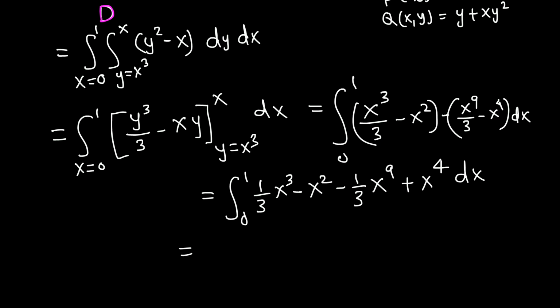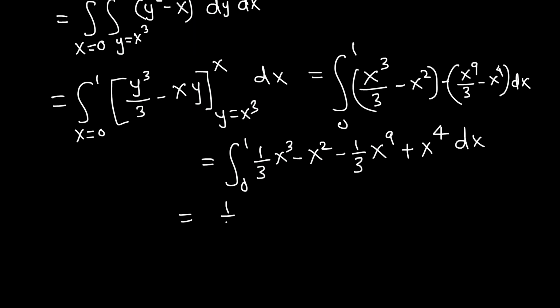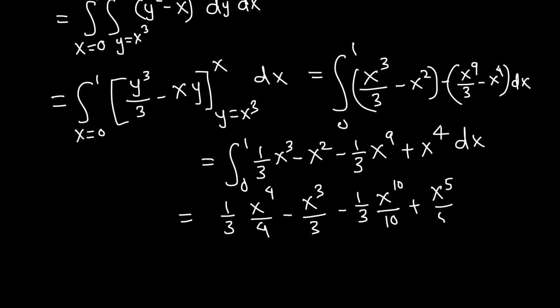Now let's integrate: 1/3 times x to the 4th over 4, minus x cubed over 3, minus 1/3 times x to the 10th over 10, plus x to the 5th over 5, and we are going from 0 to 1.